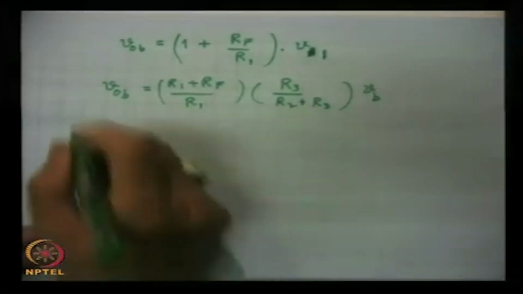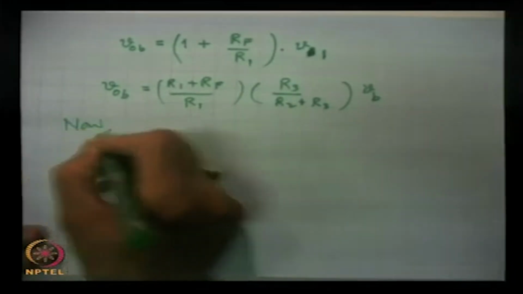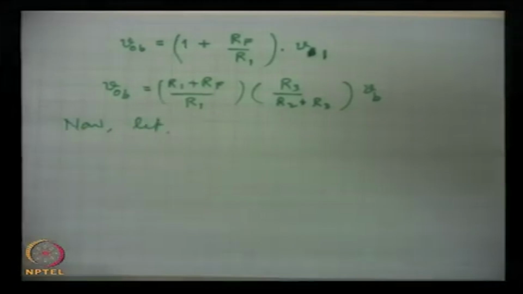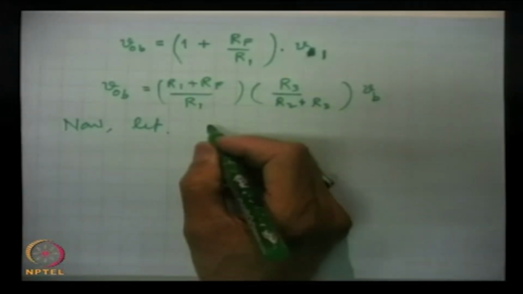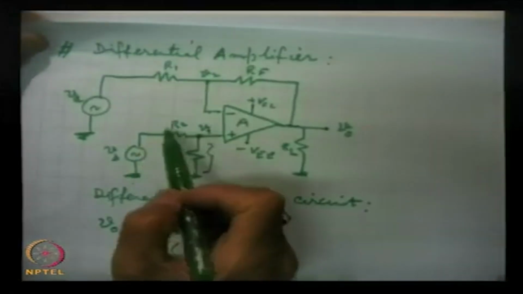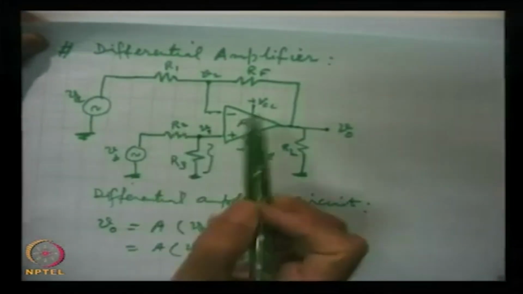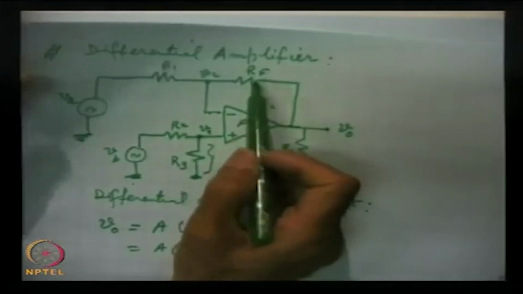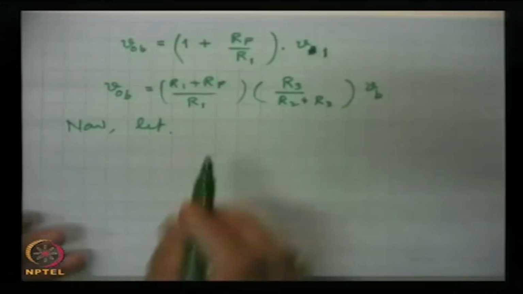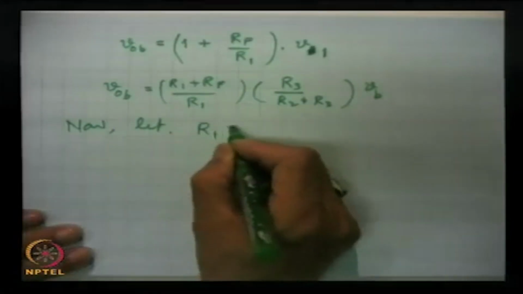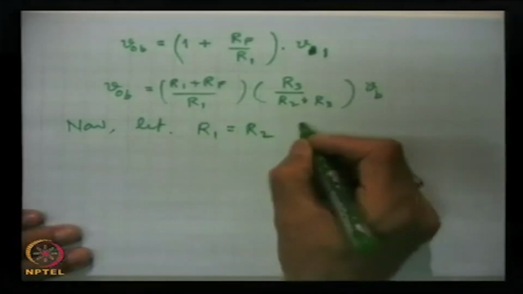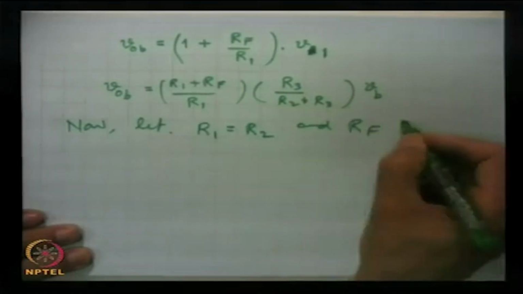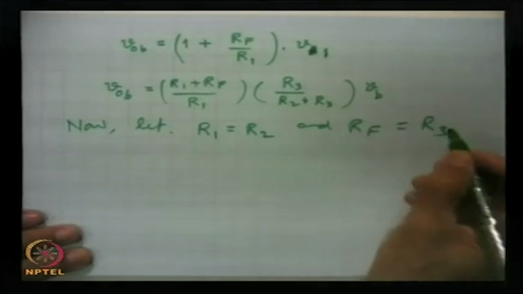Now let resistance R1 be equal to R2. R1 and R2 we take identical, and R3 and RF we take identical. So let R1 equal R2 and RF equal R3.